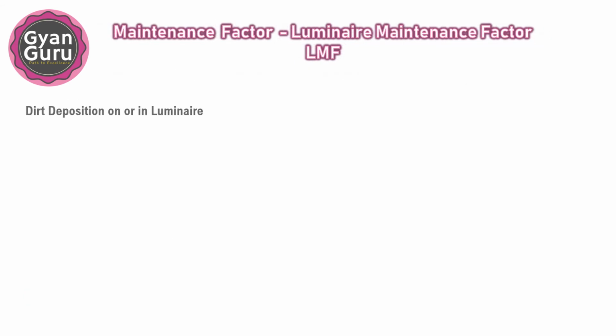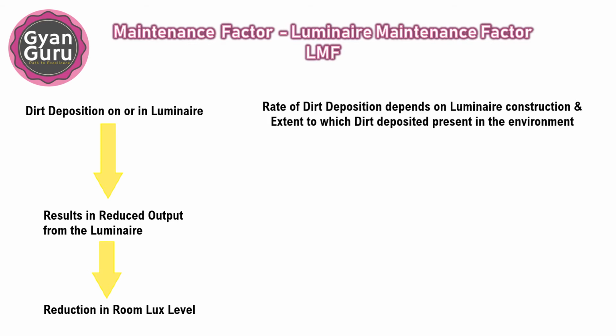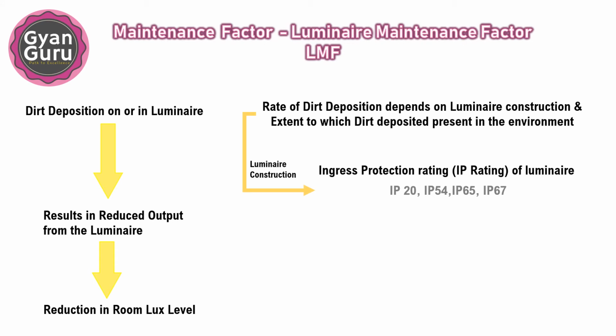Dirt deposited on or in the luminaire will cause a reduction in light output from the luminaire, which ultimately causes a reduction in the lux level of a room. The rate at which dirt is deposited mainly depends on two factors. First, type of luminaire construction.